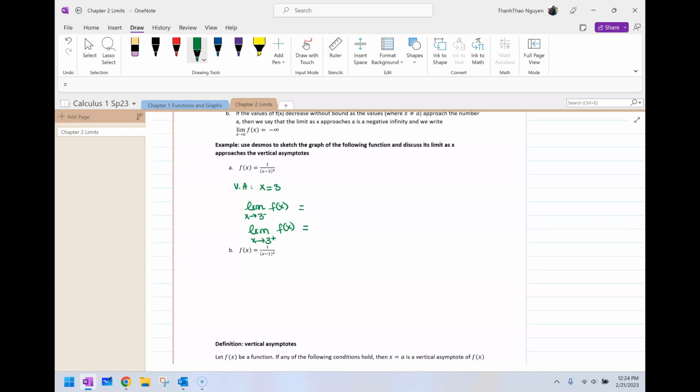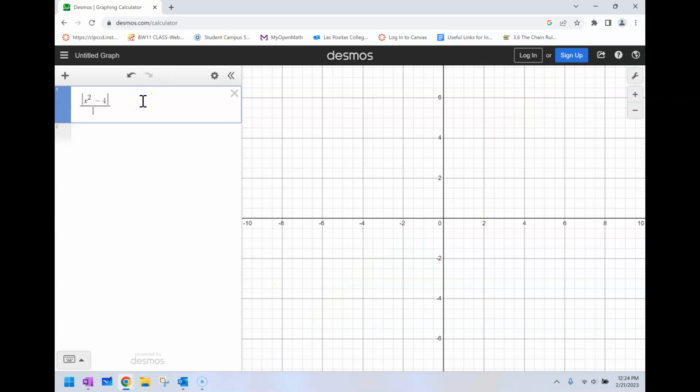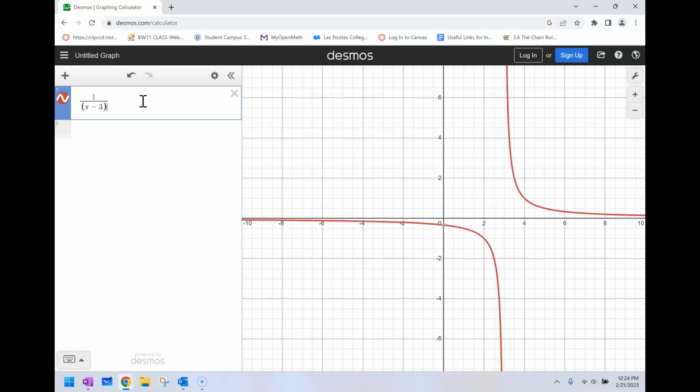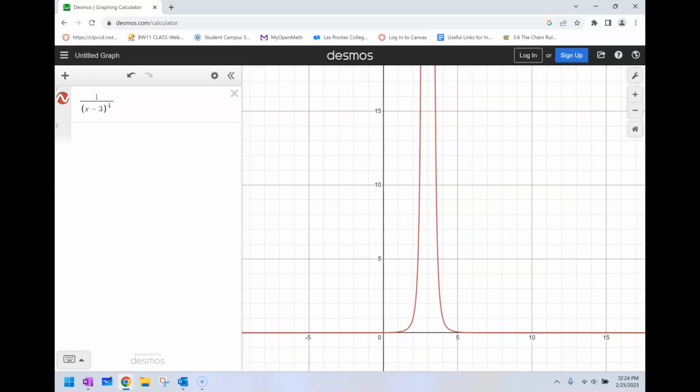So again, let's go ahead and try with Desmos. So 1 divided by (x minus 3) to the 4. And as you can see, here as x approaches 3, this is the vertical asymptote. Let's draw the vertical asymptote.